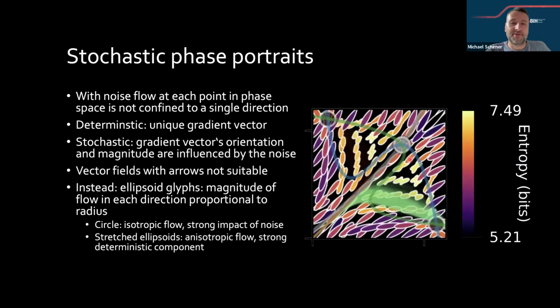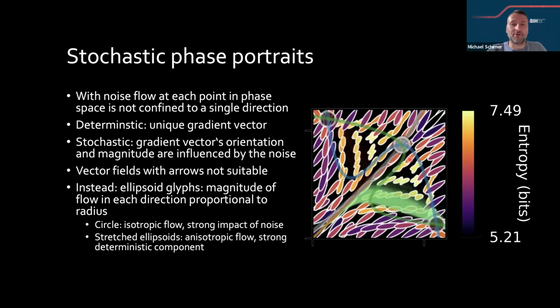But we needed to invent something new to do this because phase portraits in the past didn't really consider noise. Phase portraits are usually from the perspective of a deterministic system without any noise. So you have a unique gradient vector, a unique arrow that points into one direction. But with noise, it's not an arrow anymore.